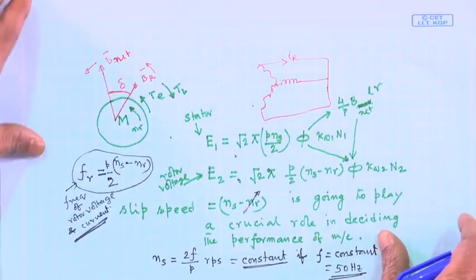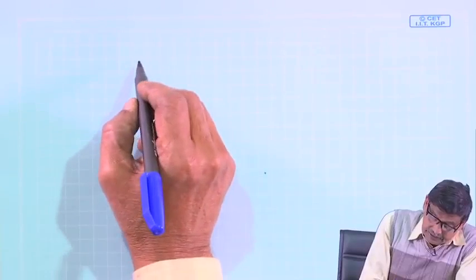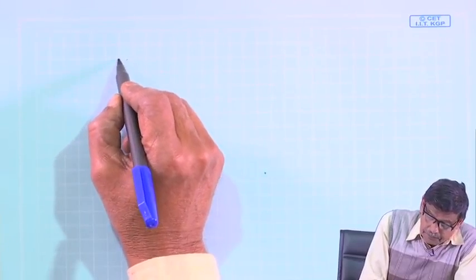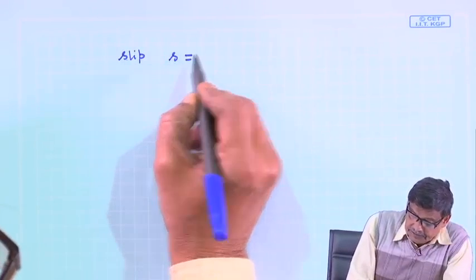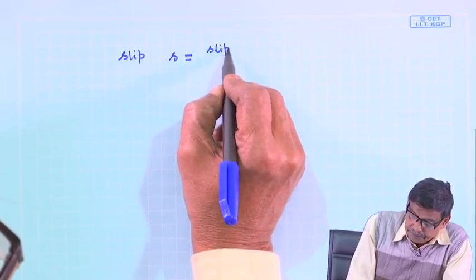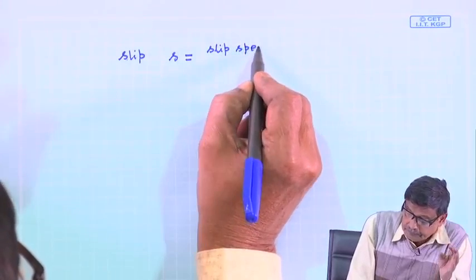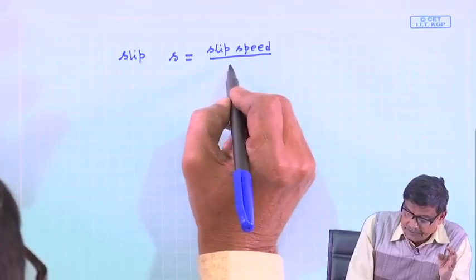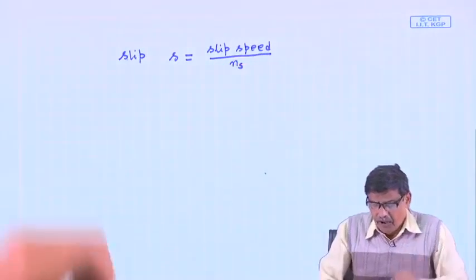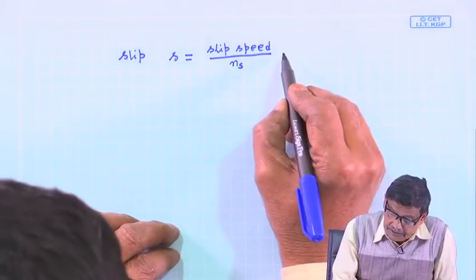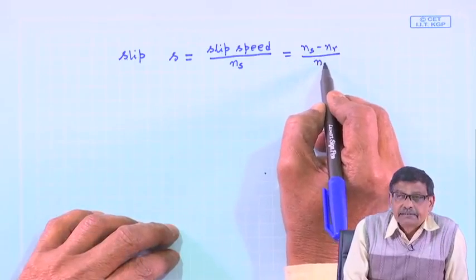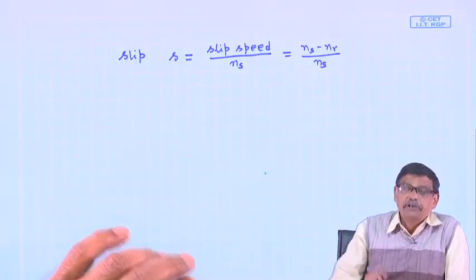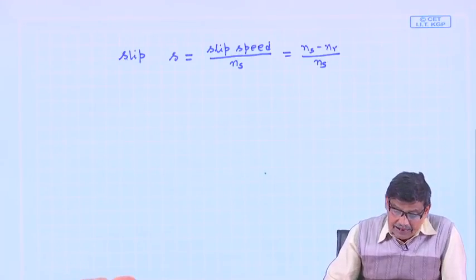Not only that, I will also now define a term called slip, which is the slip speed divided by n_s. That is, how much is the difference in speed as a percentage of n_s, I mean per unit value of n_s.